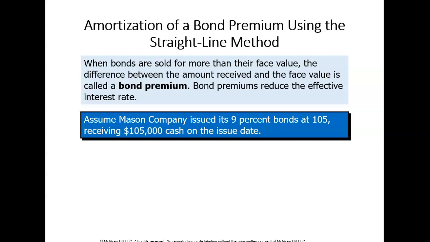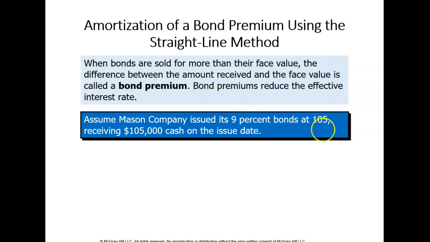So, for example, this bond has a 9% stated rate of interest. When this bond sells, if the current market rate is only 8.5% interest, then my bond will sell at a premium because I'm paying you a higher interest rate than you can get on similar bonds.